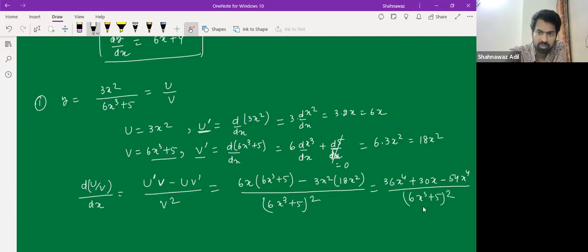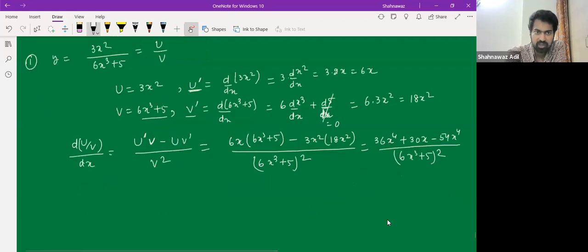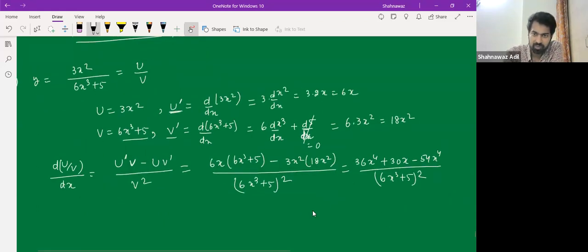So this would be 36x^4 minus 54x^4, so minus 18x^4, and 30x. Right, so 30x minus 18x^4 divided by 6x cubed plus 5 whole square. So this is the answer, guys.